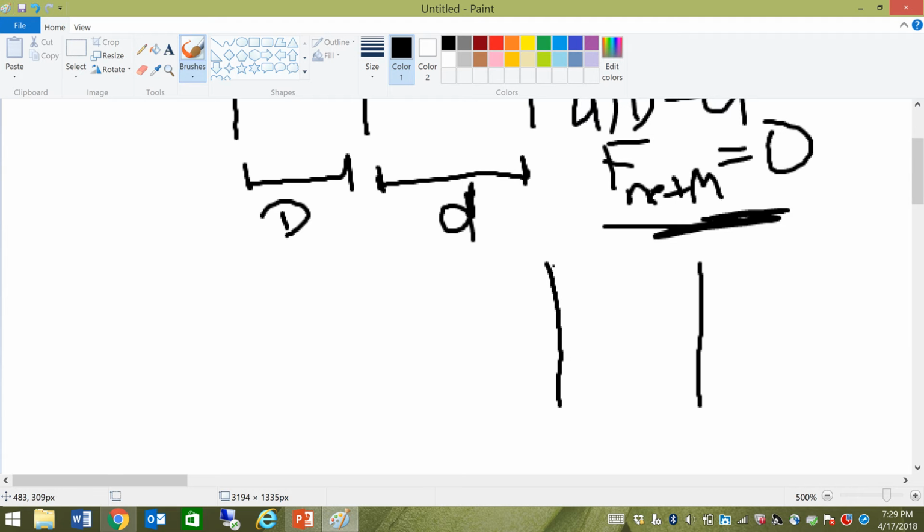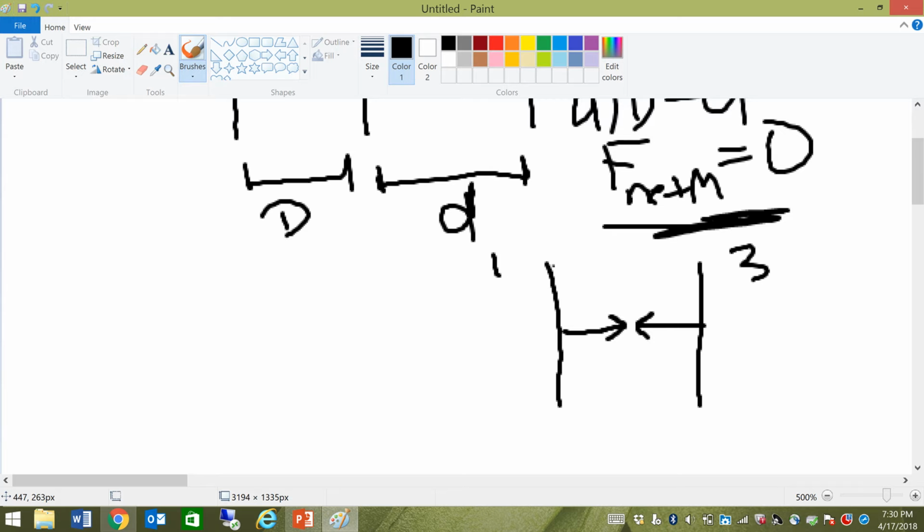If we just draw wires 1 and 3, in order for the net magnetic force to be 0, wouldn't you say that these forces, the magnetic forces generated by the magnetic fields, which are in turn generated by the currents going through wires 1 and 3, should be opposing each other?